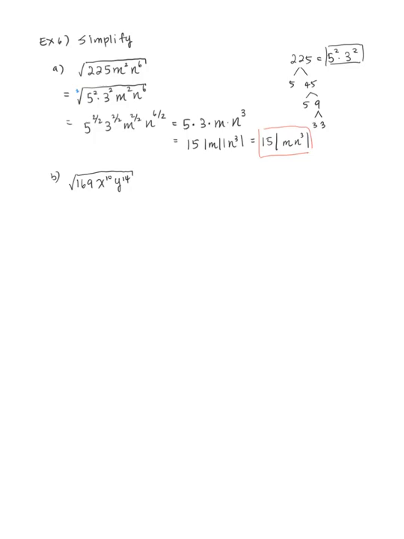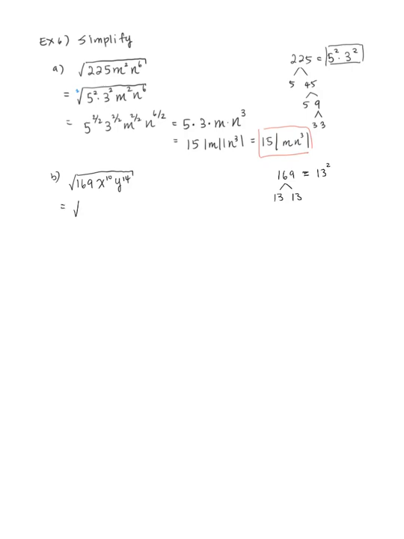So let's work it. Let's first look at 169. There's 3, no, 5, no, 7, no, 9, no, 11, no, 13. Is 13 times 13? Yes, yes. So we got 13 times 13. So 169 is 13 squared. Alright, rewrite.